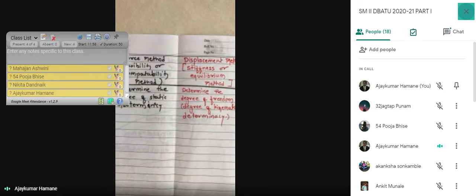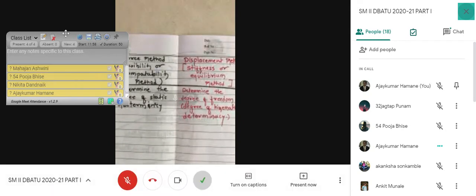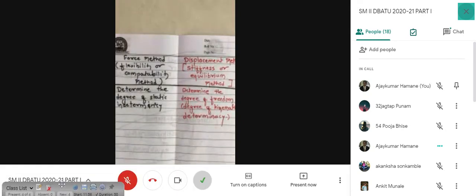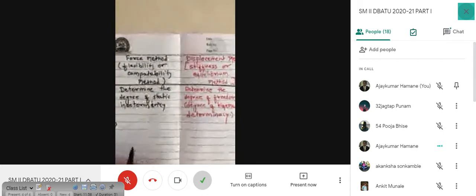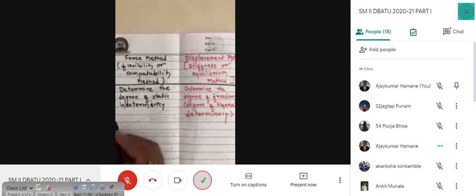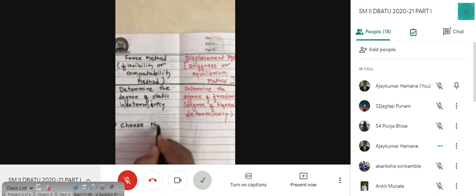Now in the second step in the force method, choose the redundant.